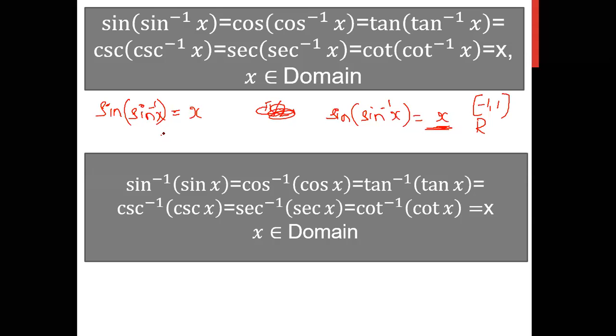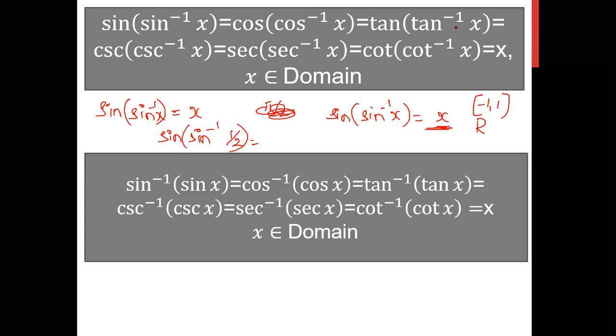For example, if you have sine of sine inverse half, check whether half belongs to the domain. Students, what is the domain of the sine inverse function?